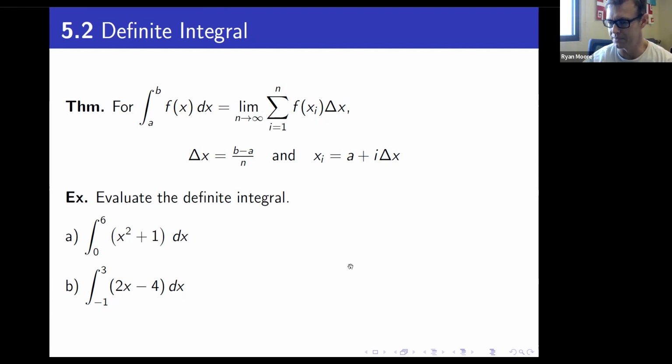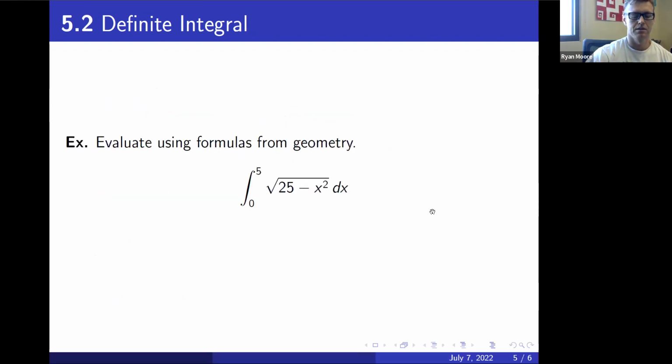But before we wrap up, let's mention maybe an example like this one. Evaluate this definite integral using formulas from geometry. They might present us with some definite integrals that would be extremely difficult or even near impossible for us to do using the definition of the definite integral.